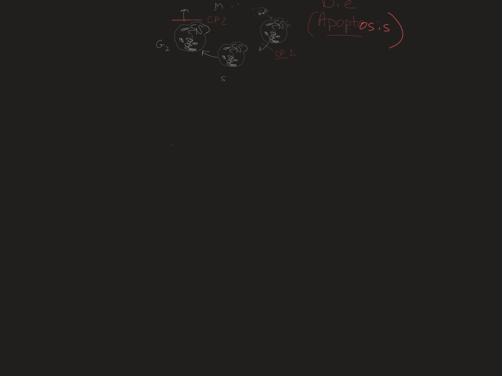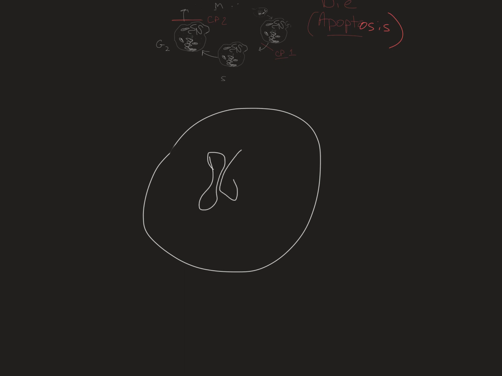So let's take a look at what happens in meiosis. So in meiosis 1, instead of lining up as in mitosis, during prophase of meiosis 1, first of all, I should say, you have what's called a tetrad forming.